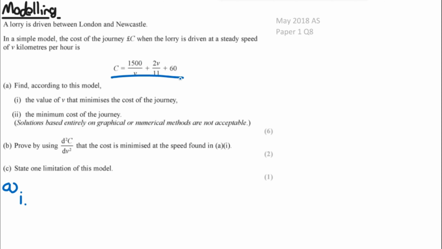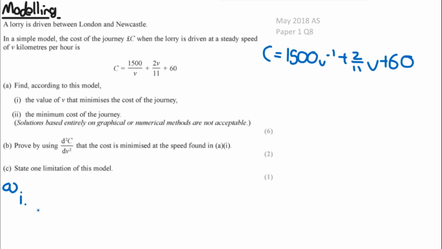So first of all, let's write this in its indices form. So c is equal to 1500 v to the minus 1 plus 2 over 11 v plus 60, and then we can differentiate this. So this is going to be 1500 times minus v to the minus 2, which is equal to minus 1500 v to the minus 2, and this is just going to become 2 over 11.